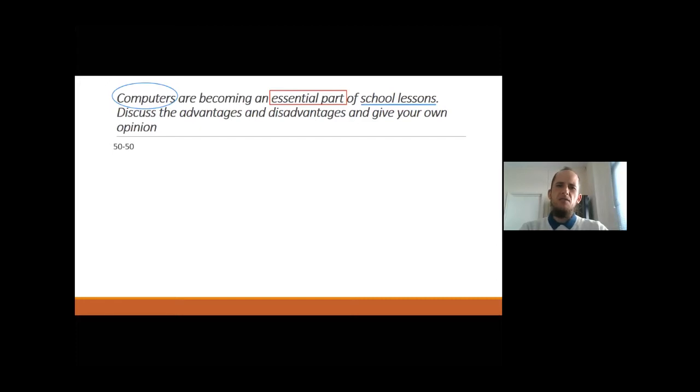And again, just going back, often when we get a topic like this, we read it and we really can't see any of the negative aspects that could possibly come out from computers in the classroom. What could possibly be negative about that?